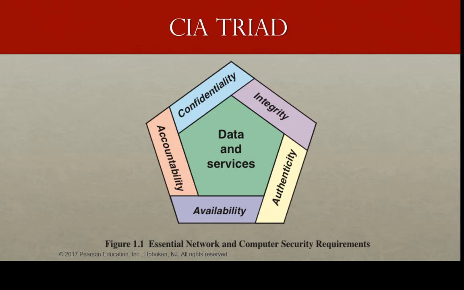A loss of integrity is the unauthorized modification or destruction of information. Availability, ensuring timely and reliable access to and use of information. A loss of availability is the disruption of access to or use of information or an information system.